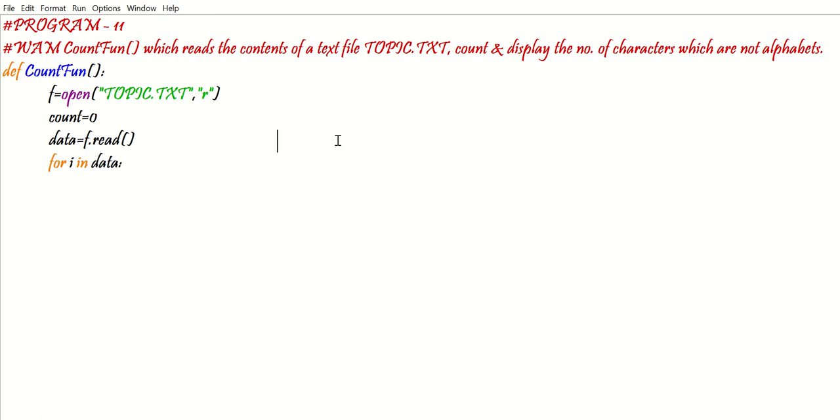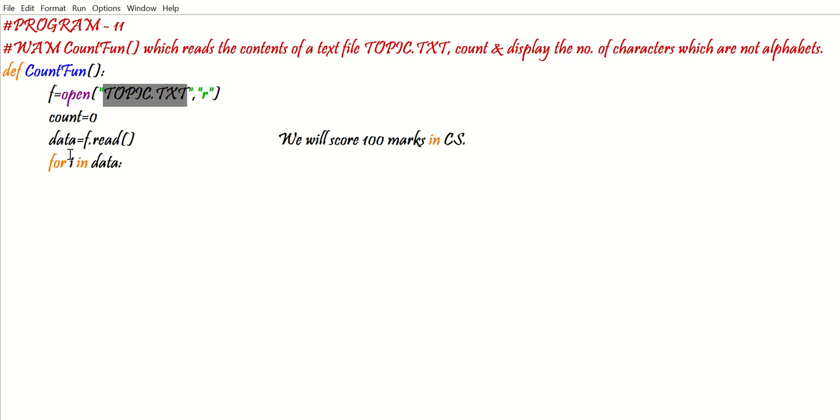for making you understand, let me give you an example. We will score 100 marks in CS. So see, this is what they have given in the text file topic.txt. Now when I set data equals f.read off, it will read this text file.